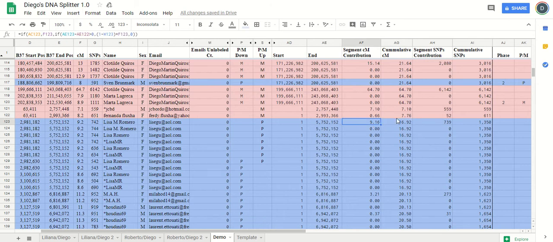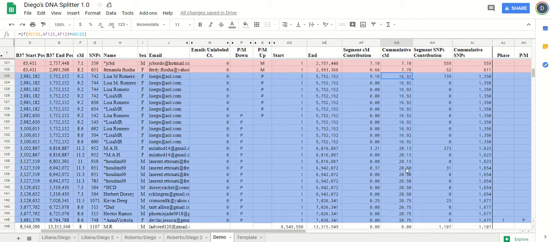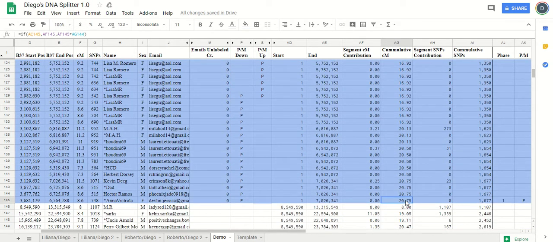Here contributed 9, so add the 3 together, now you have 16. These are not contributing anything because they're just overlapping 100%, so it just continues. So it keeps track of the overall, and you can see that it gets all the way to 20.75 centimorgans. And the same thing for the cumulative SNPs. It's pretty much the same formula.